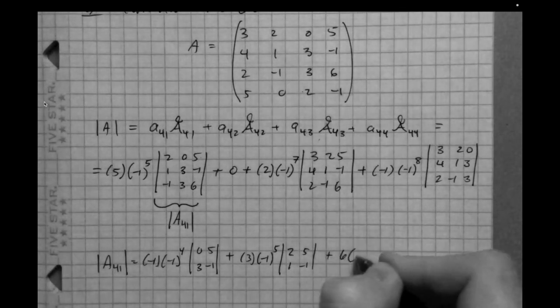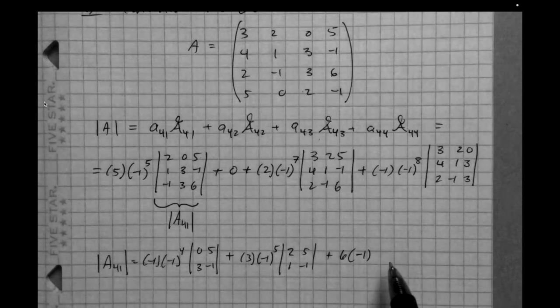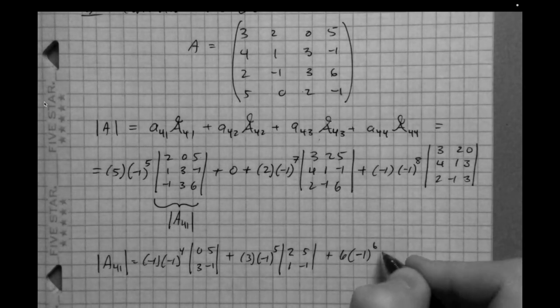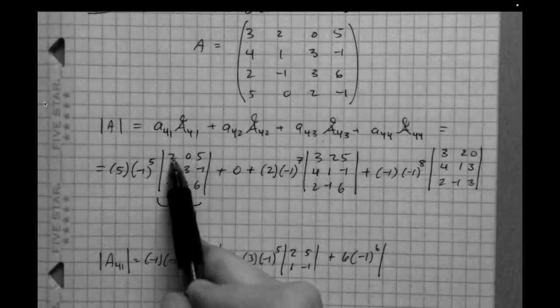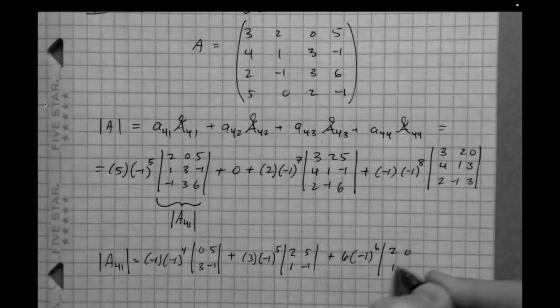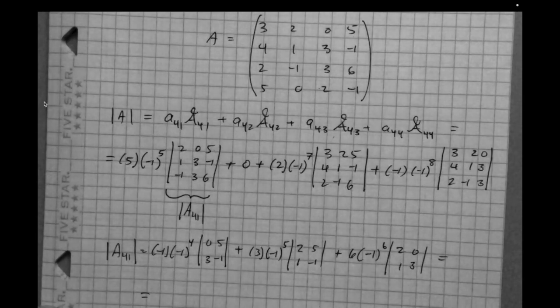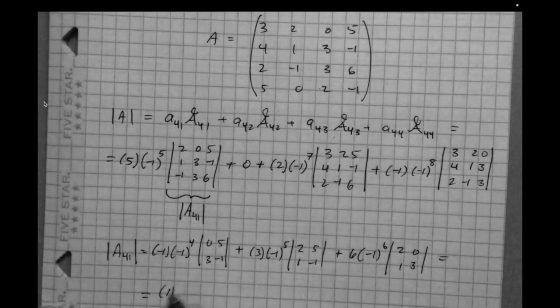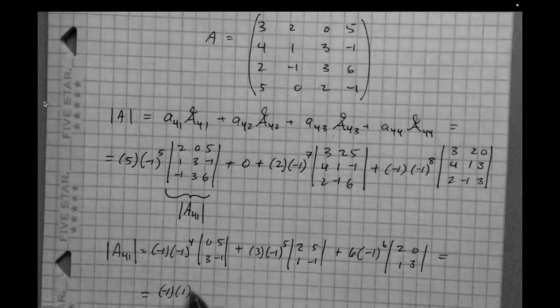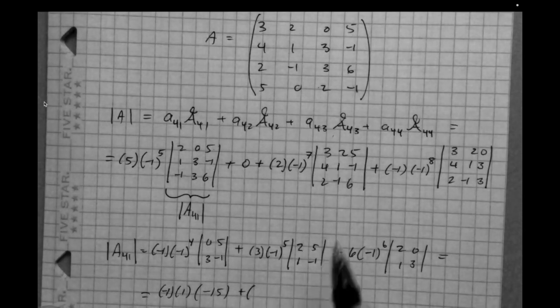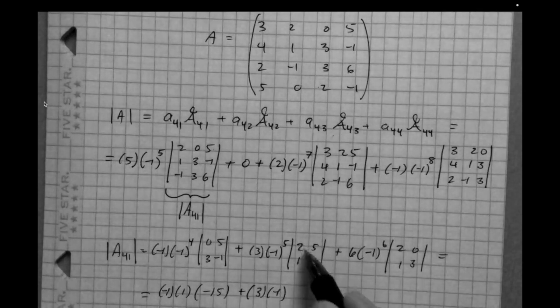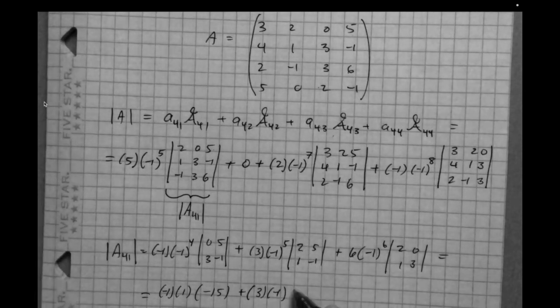Plus 6 times negative 1 to the 3 plus 3 power, which is 6, and then the submatrix 2, 0, 1, 3. Now we can calculate this. I'm going to get negative 1 times 1, and then this determinant is 0 minus 15. Plus 3 times negative 1, and then this is negative 2 minus 5.